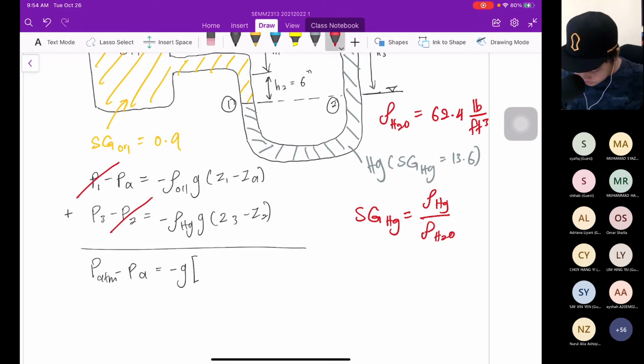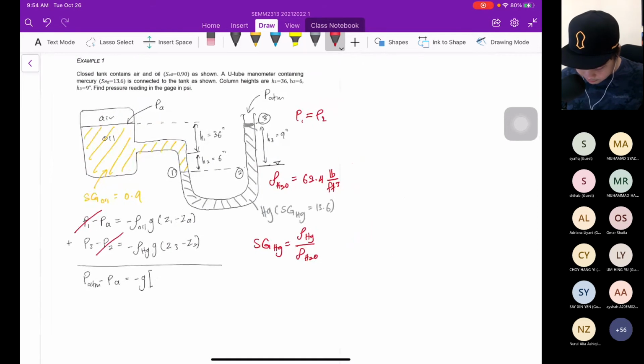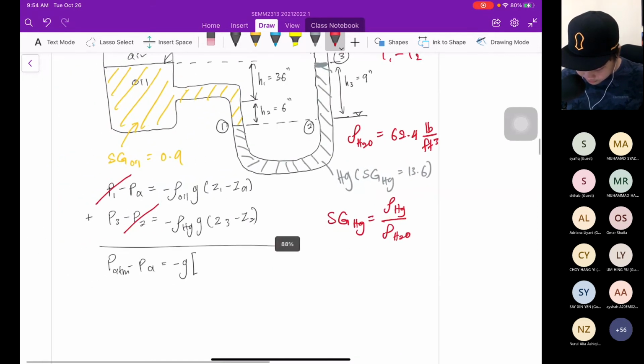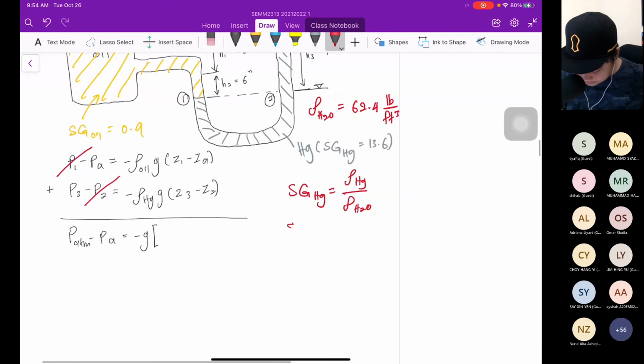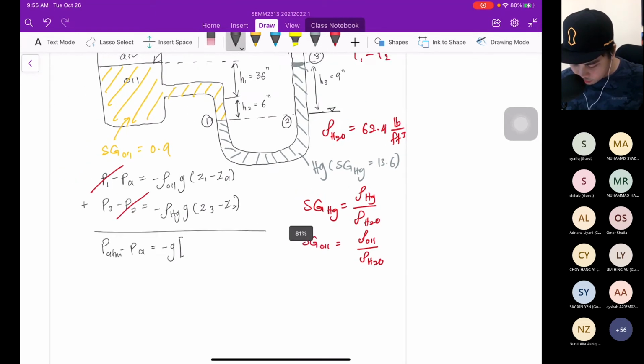If we want to get density of oil, use the specific gravity of oil. Let's say this is specific gravity of oil, density of oil over density of water. And in order to get density of oil, specific gravity multiplied by density of water.